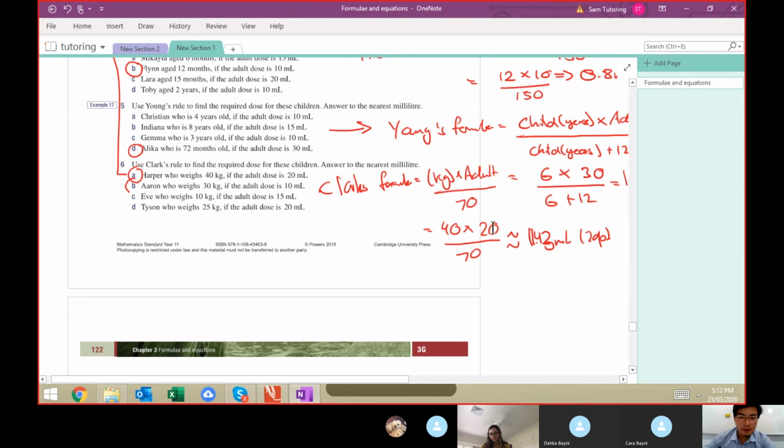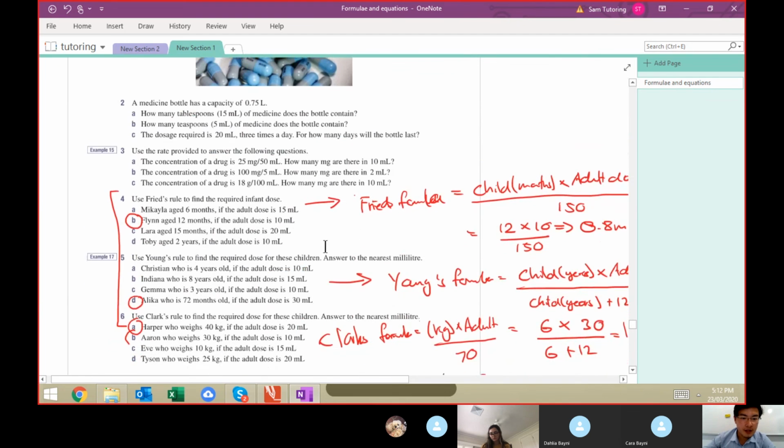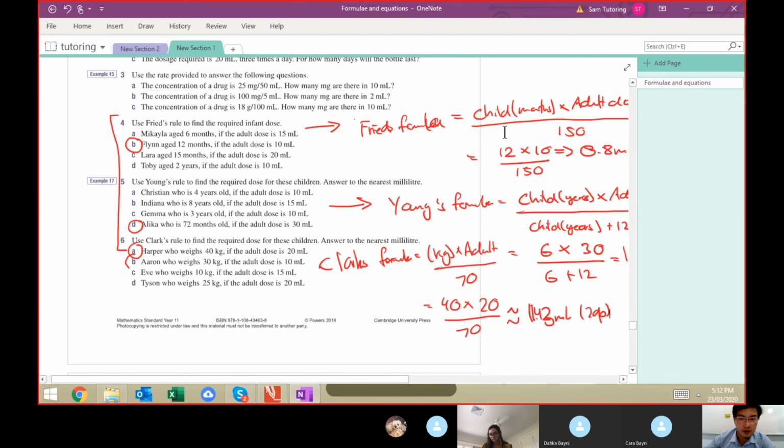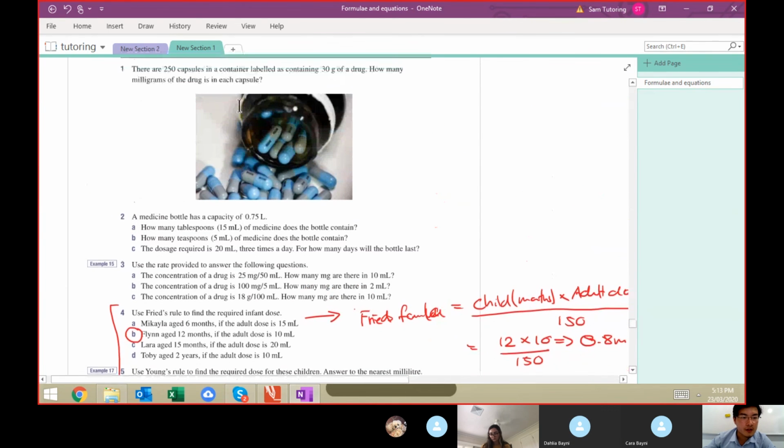So similar to BAC, you're expected to know how to work backwards in these type of questions as well. Like, how to find adult dosage from Freud's formula if the child gets 2 mils or something. You want to do a practice run on all of them? See how the output is like? Yeah, why not. I'll change the color to blue because we're working backwards. Is that visible? Yeah.